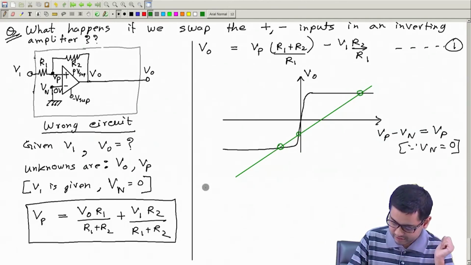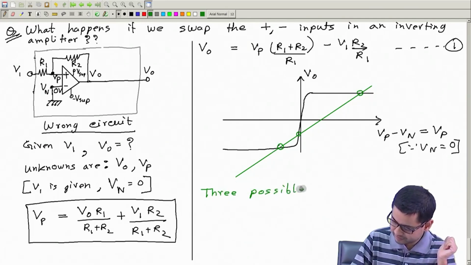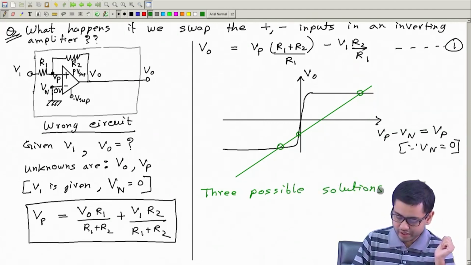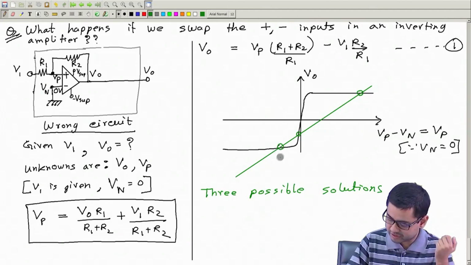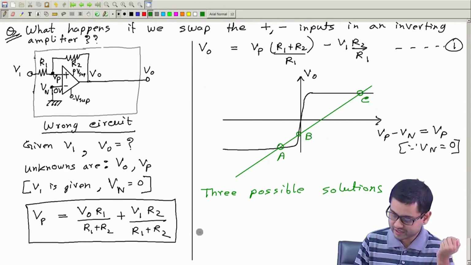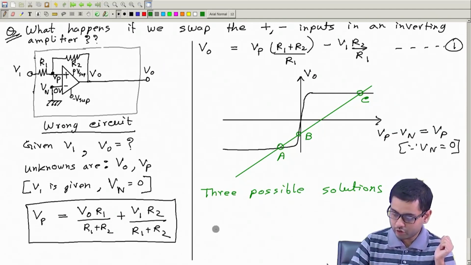So we have 3 possible solutions. You can give them some names: this point as A, this point as B, this point as C. So we have 3 possible solutions for the unknown Vp and Vo.